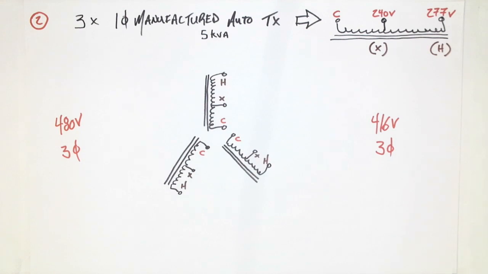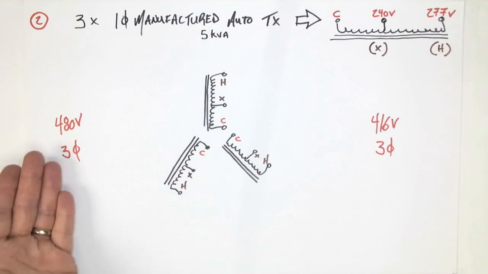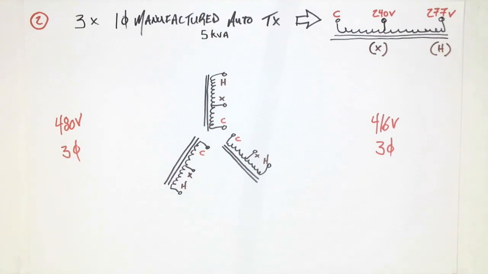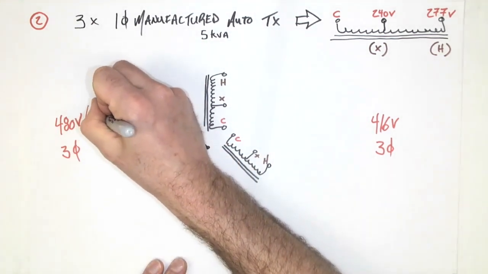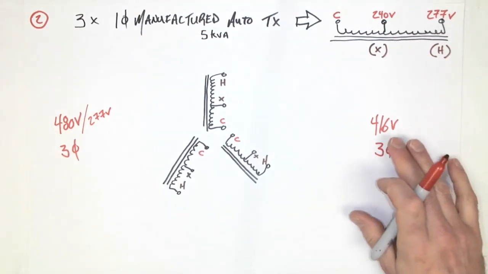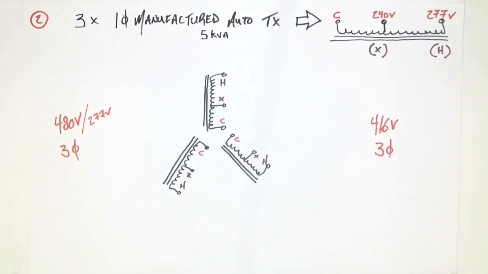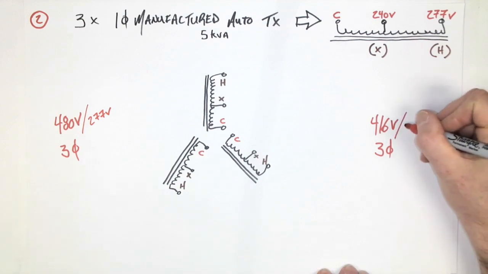So we already know that the phase voltage for a 480 volt line voltage system is 277. So I'm just going to do a slash 277 volt. And over here, the 416 volt, if we apply root 3, so divide by root 3 to get the phase voltage for a 416 volt three-phase system, we would come out to 240.